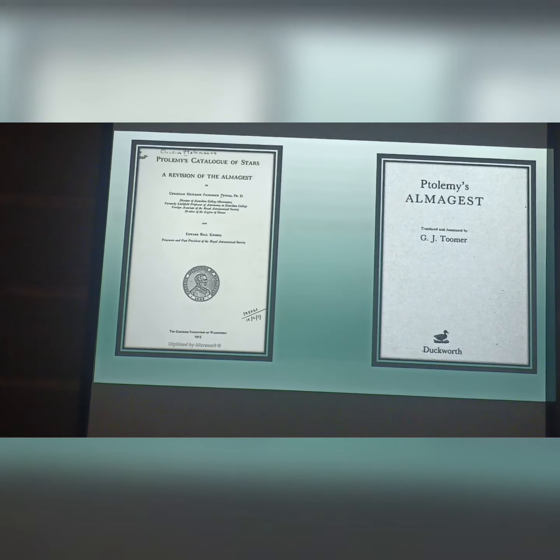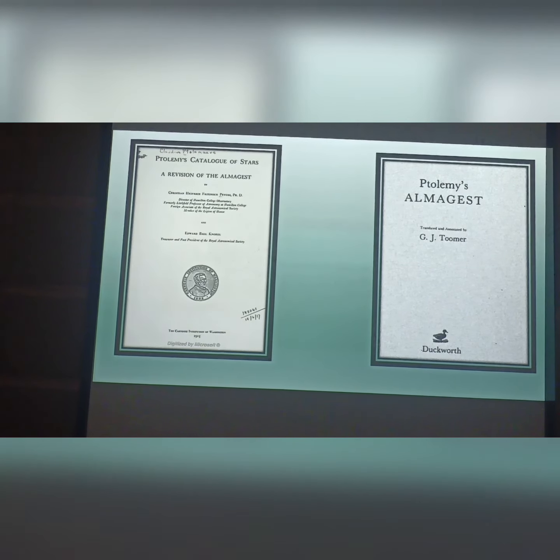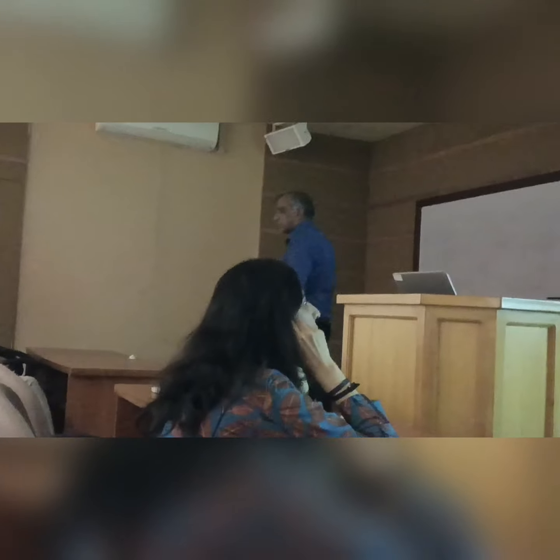So these books are available. If you search in this English edition for the star catalog, you can find the references about this. But there was no clue about Hipparchus' original star catalog.